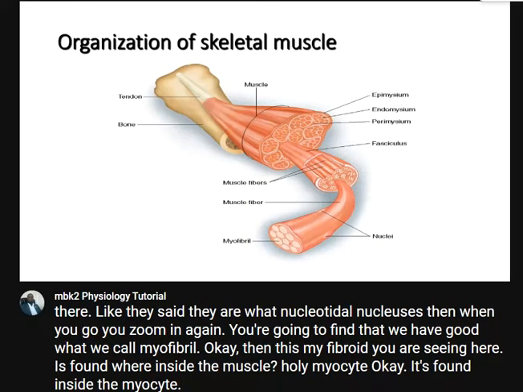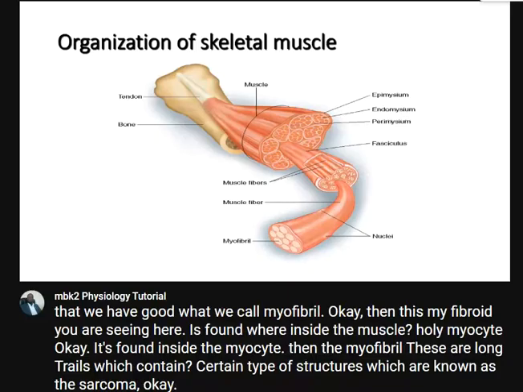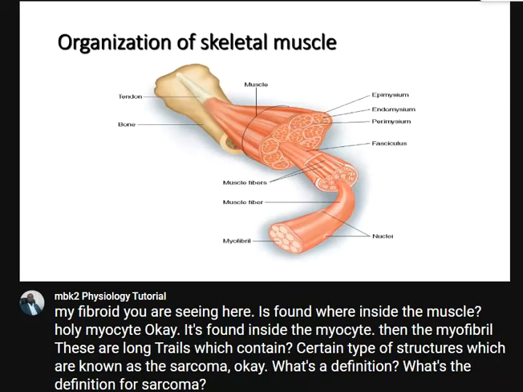The myofibrils are long threads which contain certain structures known as sarcomeres. What's the definition of a sarcomere? A sarcomere is the space between one Z disc and the other Z disc.